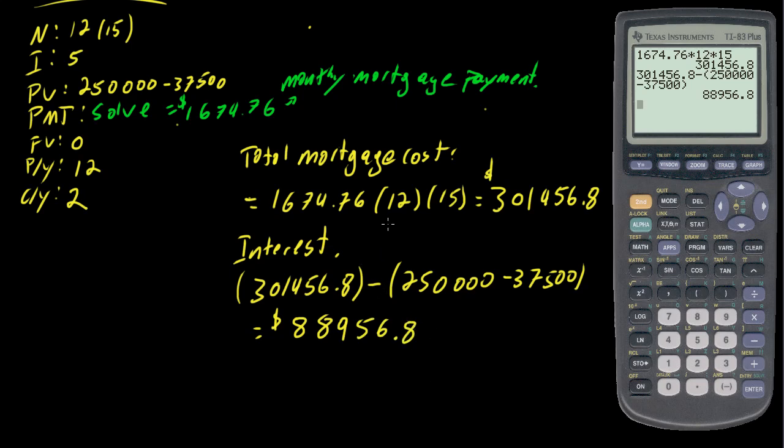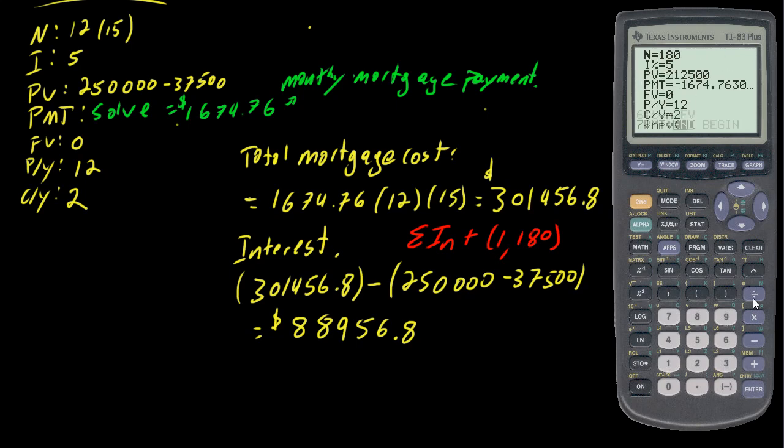We could have also done that other thing in our calculator, which is sigma int 1 comma 180, just to show you that it's basically the same calculation. It'll be a couple dollars off. We'll go into finance, not to TVM solver, but down to sigma int, that little weird sign. 1 comma 180 since that's the entire months that we would have.